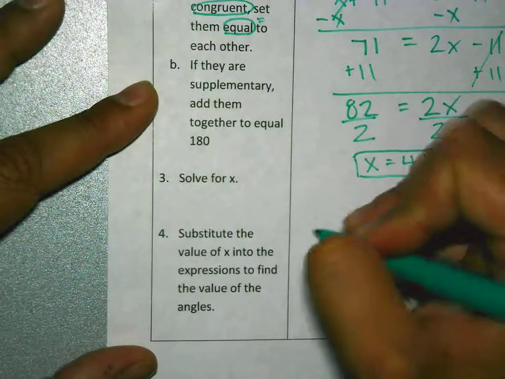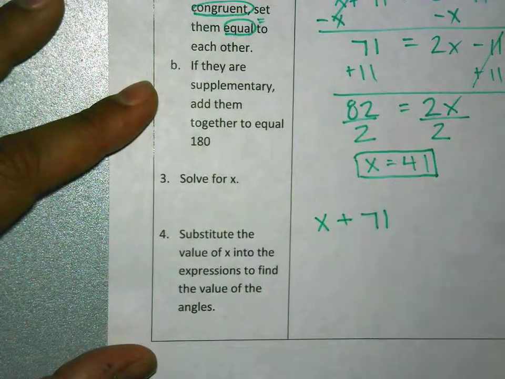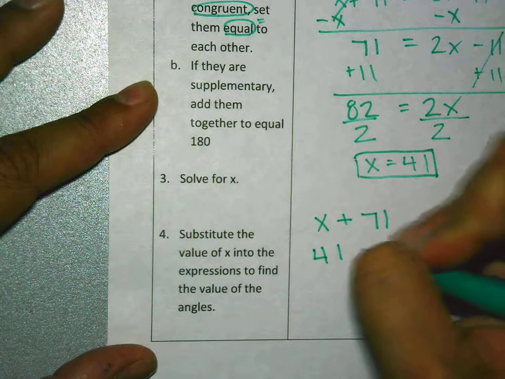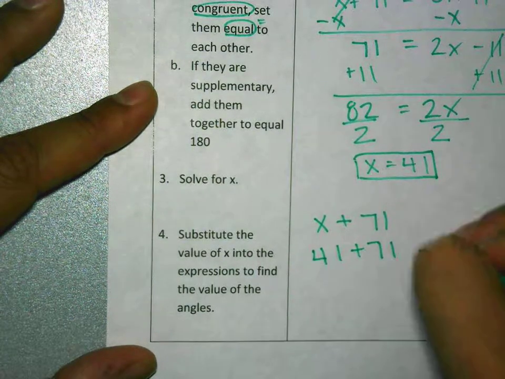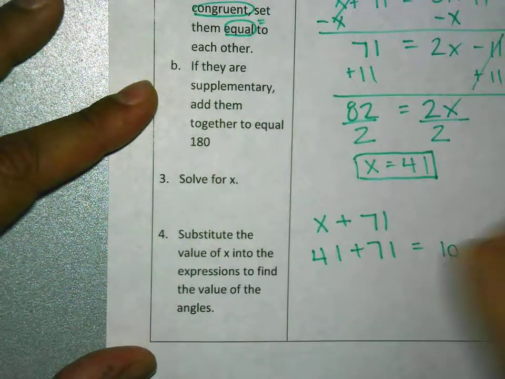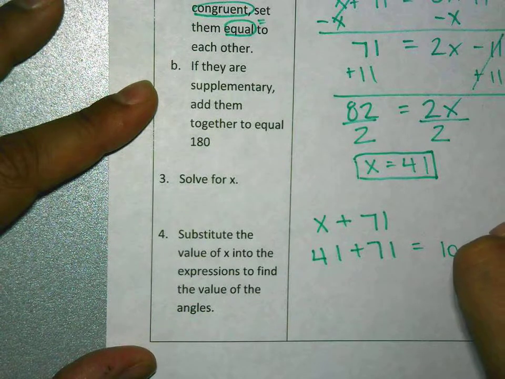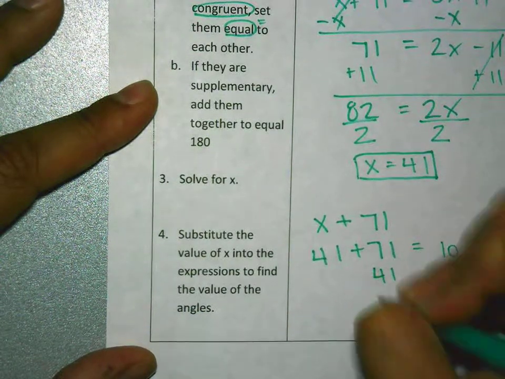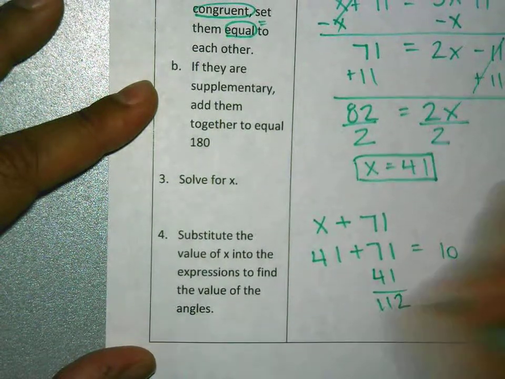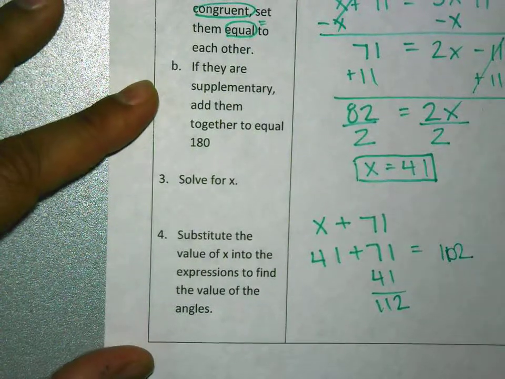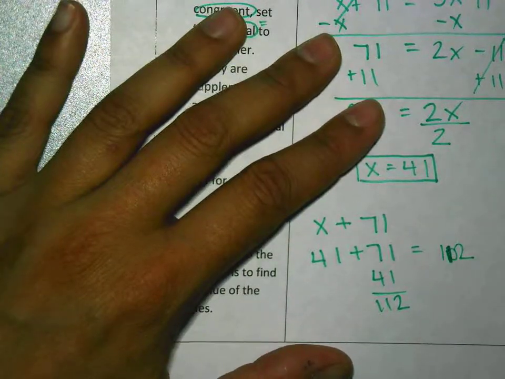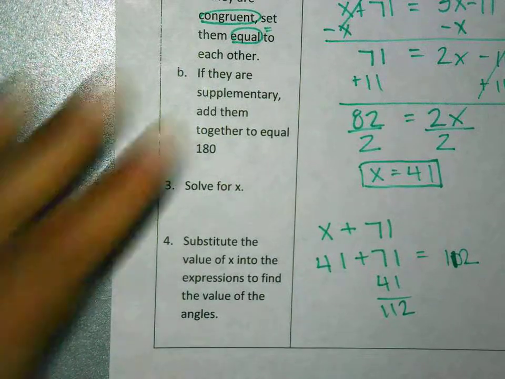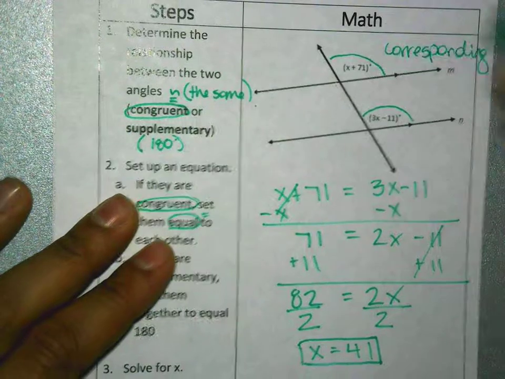So I'm going to plug it into x plus 71, which was one of the angle measures. That becomes 41 plus 71, which becomes 112. So this means that the measure of this angle is 112.